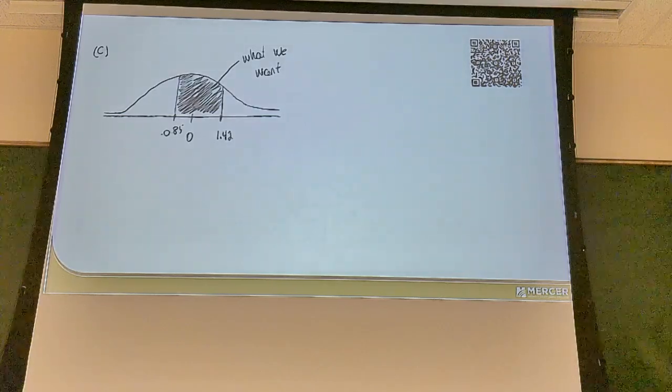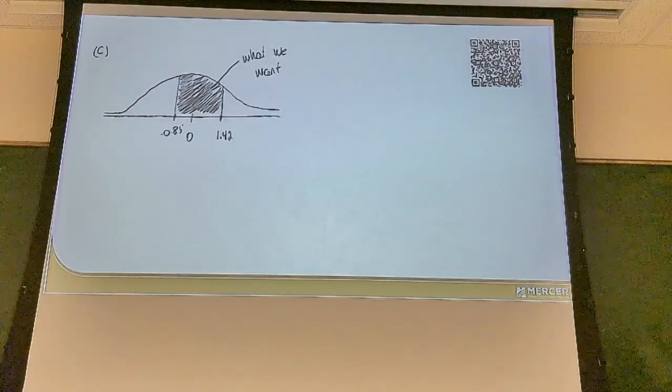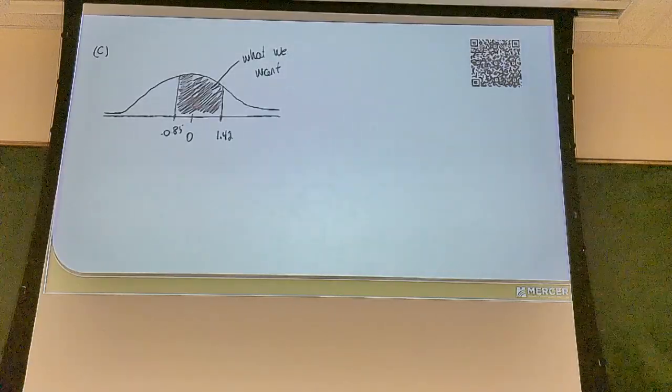But our table only gives us areas to the left of scores. So what two areas do we know?